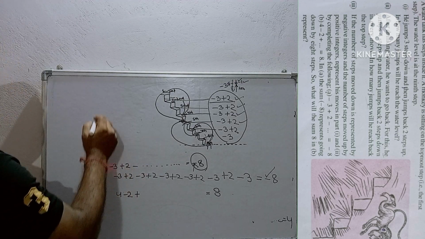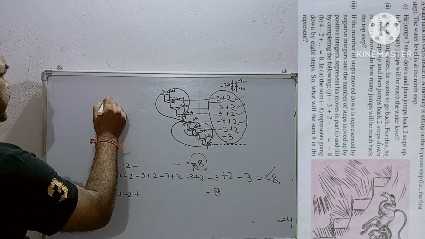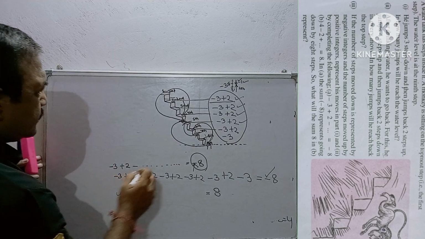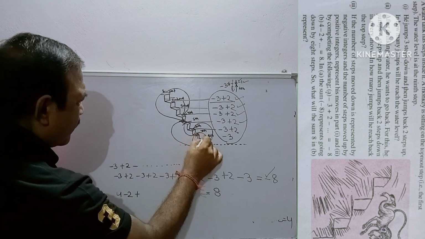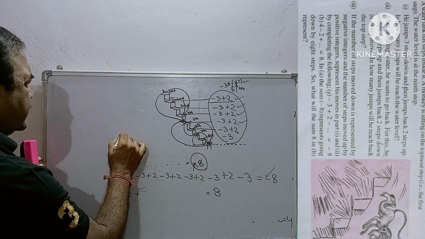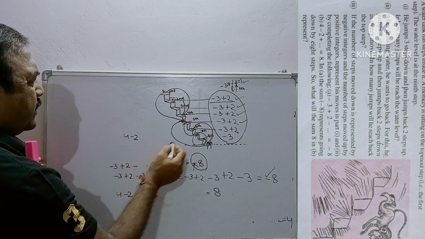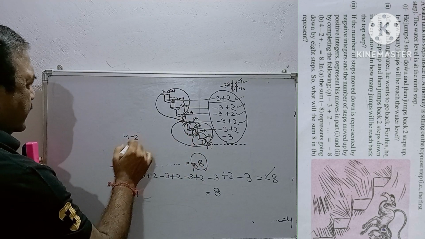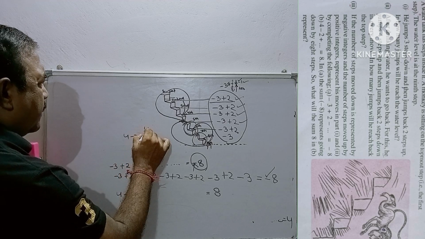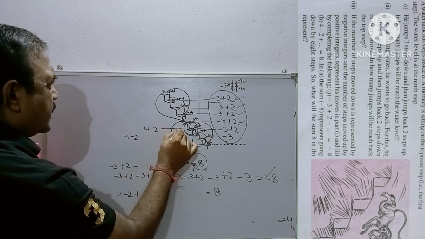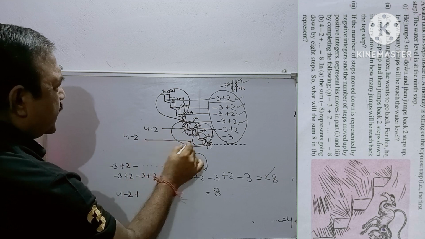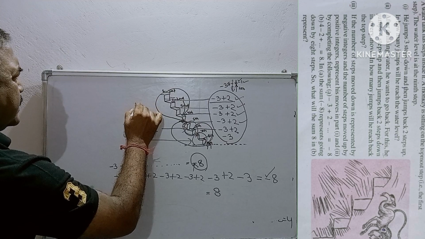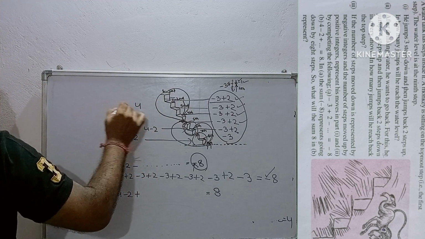You see, this is 4 minus 2. We can write here 4 minus 2 from 7th to 5th. That is also 4 minus 2. Yes or no? That indicates this 4 minus 2. And from the 5th, this is 4 steps up. That is plus 4.